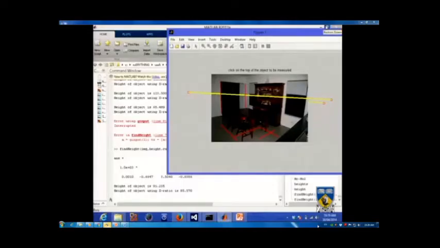Okay, so that was 92 and 85. Does anyone remember how much was the actual height? 95. So one of the techniques says 91, the other one says 85, right? And of course I mentioned the second algorithm is more robust. So the second algorithm is the first result here.